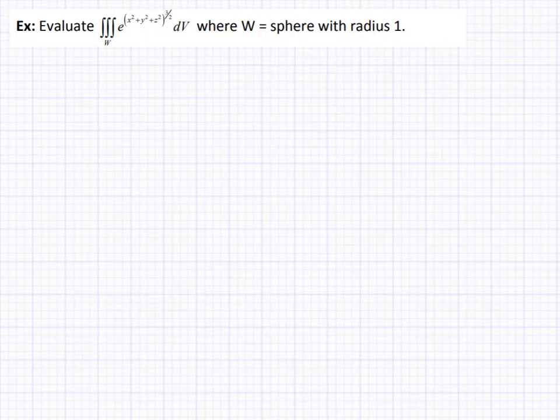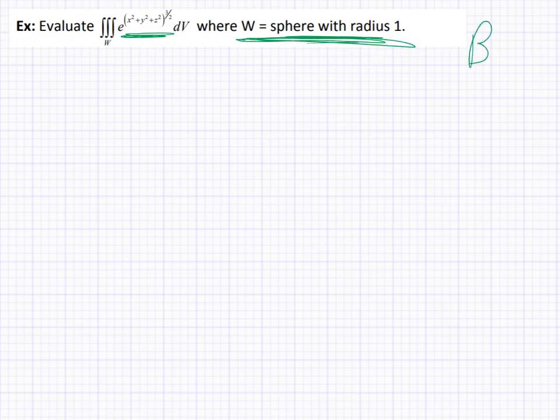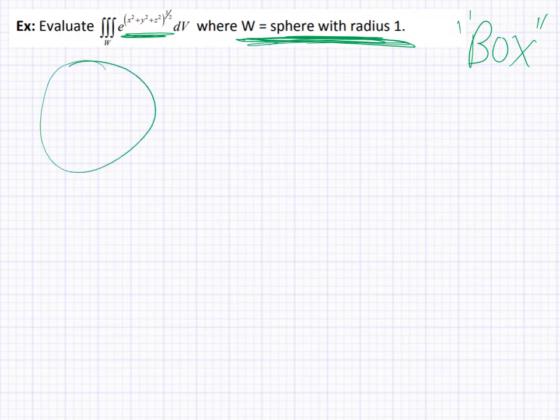So when you look at this example, this would be the typical example you do. It really isn't about this function so much. It's about the region we're integrating over. The box, and box is loosely stated here, is a sphere of radius 1. So that's the region we want to integrate over. We want to integrate over this sphere that has a radius of 1.